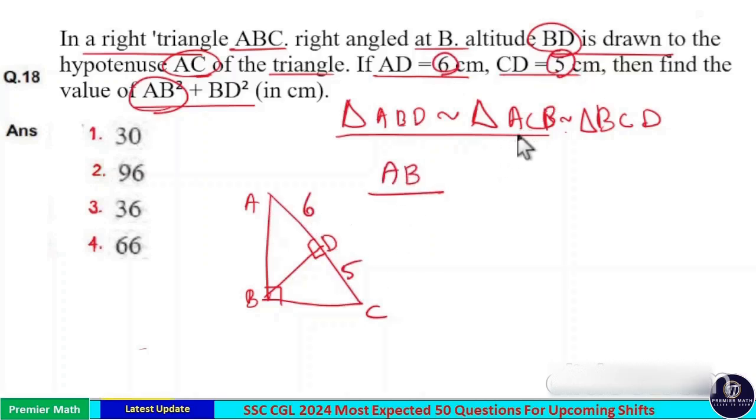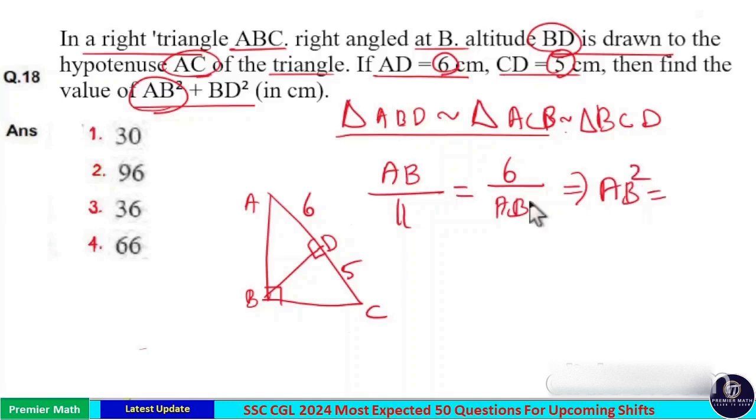AC is 6 plus 5, 11, which is equal to, here we need AB from this, which means you have to take AD. AD divided by AB. Now AD is equal to 6. Now you can see AB square is equal to 66.